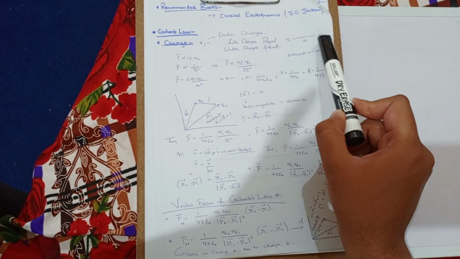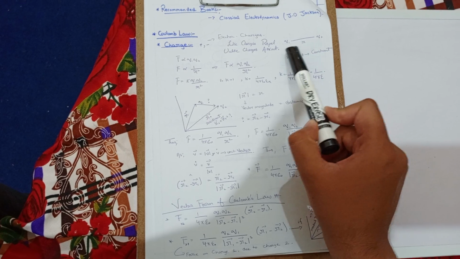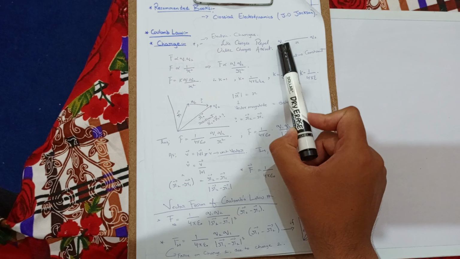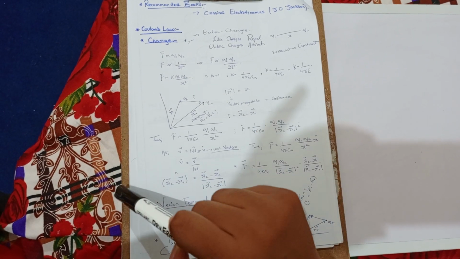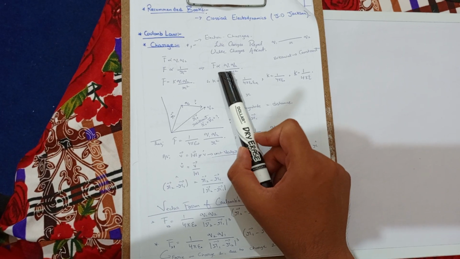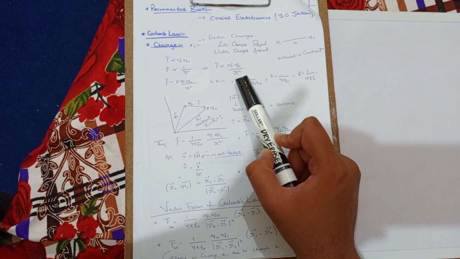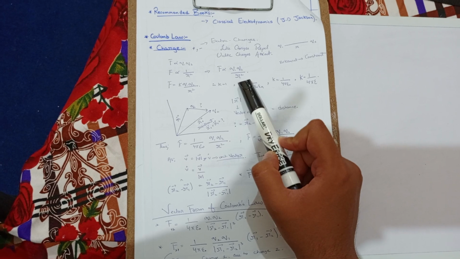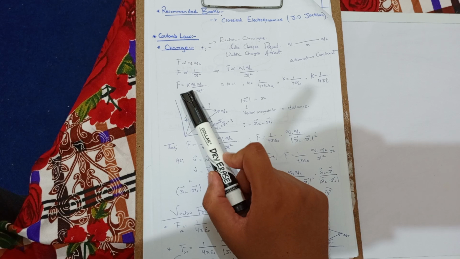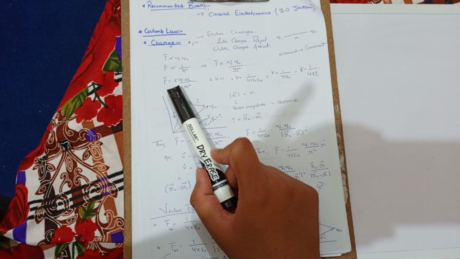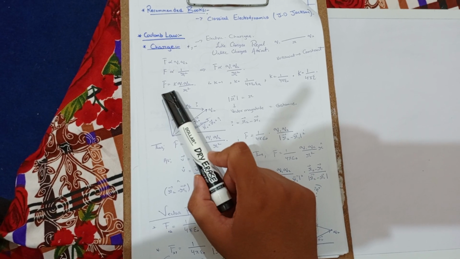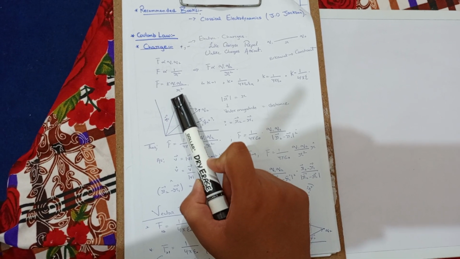Combining both, F is directly proportional to q1 q2 over r squared. Removing the proportionality sign, there must be an equal sign with a constant, which we introduce as capital K. So our equation is F = k q1 q2 / r squared.